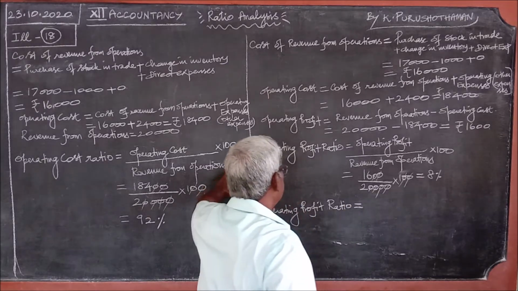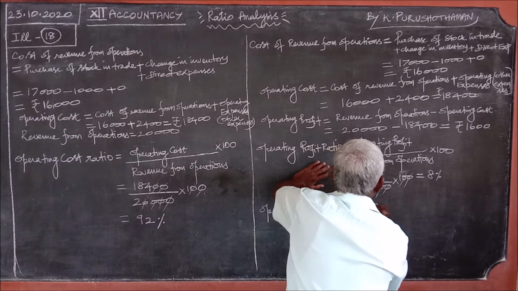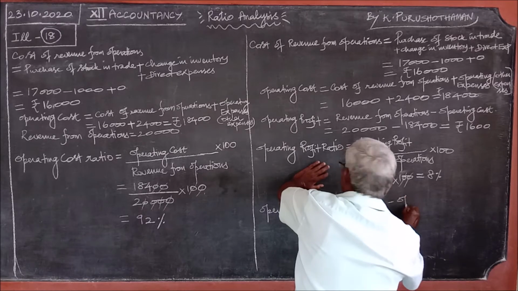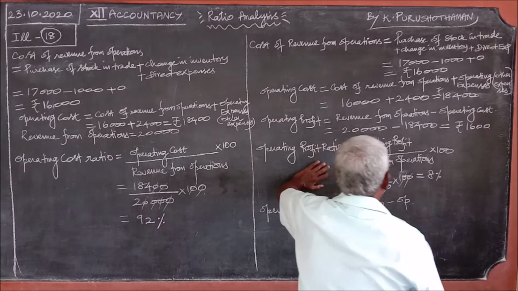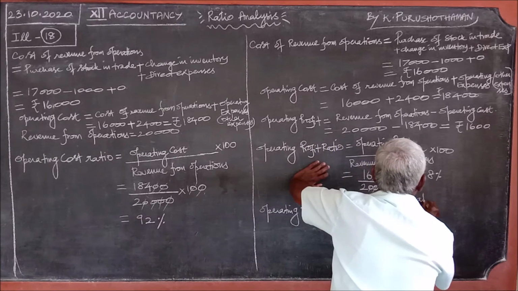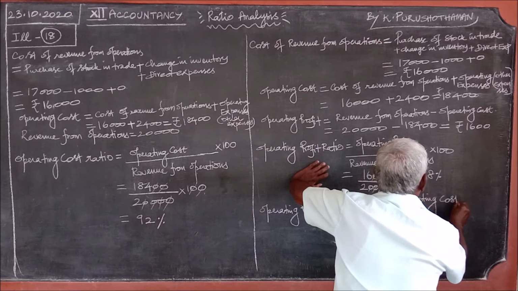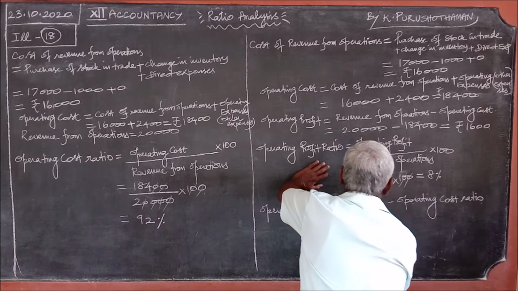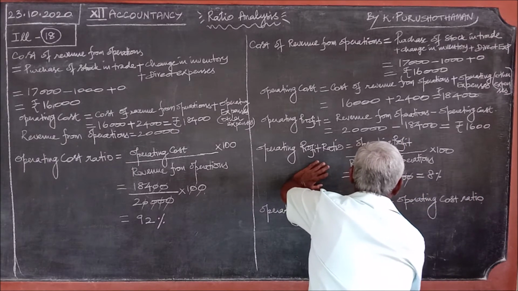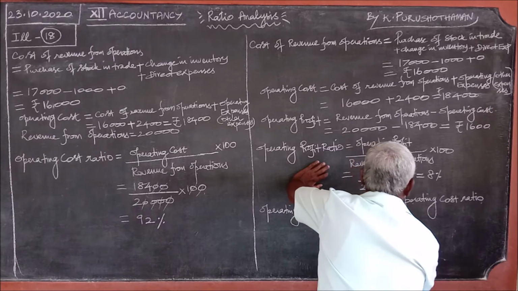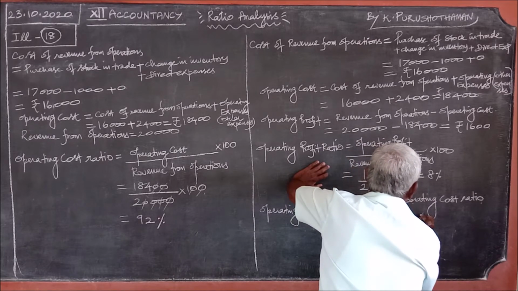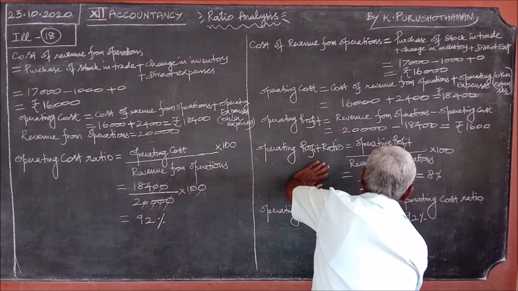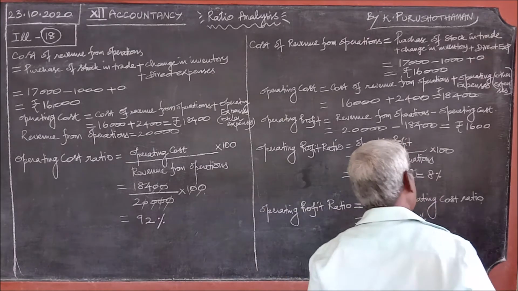It is equal to 100 minus operating cost ratio, that is 100 minus 92%, which is equal to 8%. This is another short method.